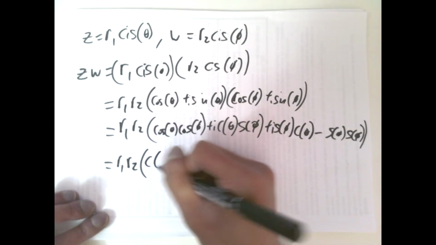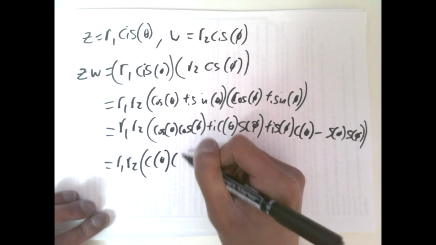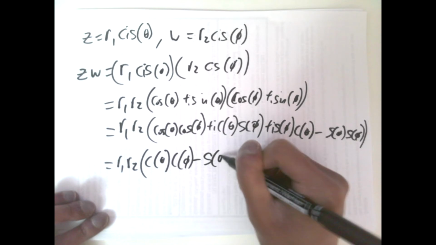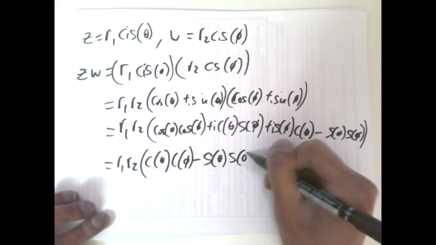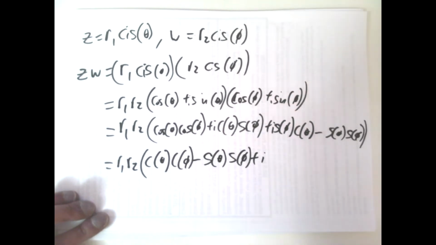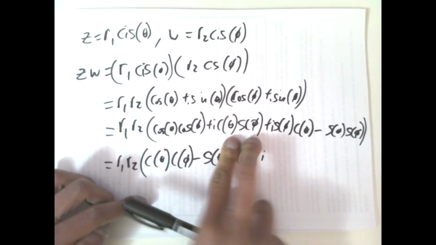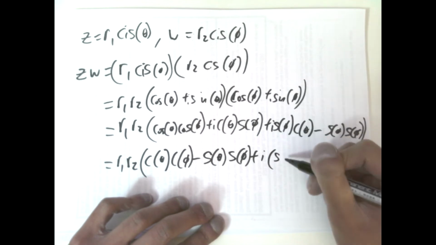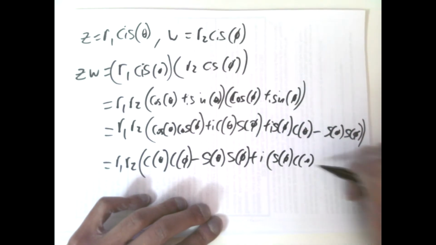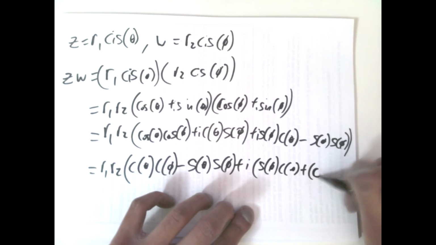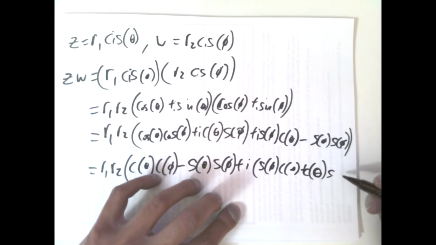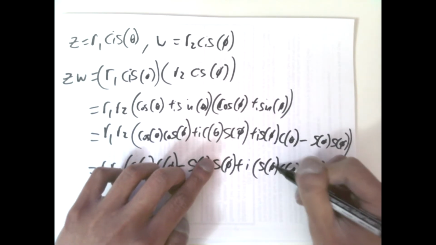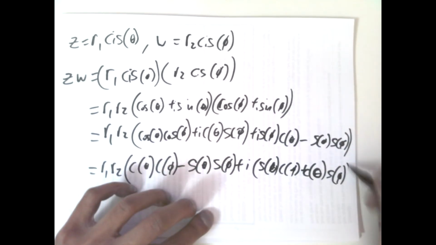So we get cos theta cos phi minus sine theta sine phi, plus, let's do all the imaginary parts, i times cosine theta sine phi plus sine theta cosine phi.